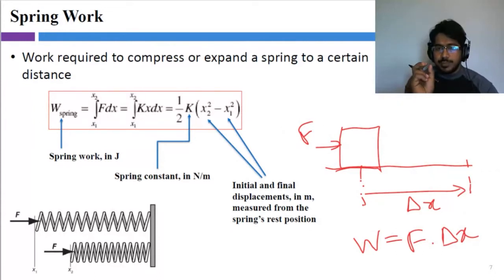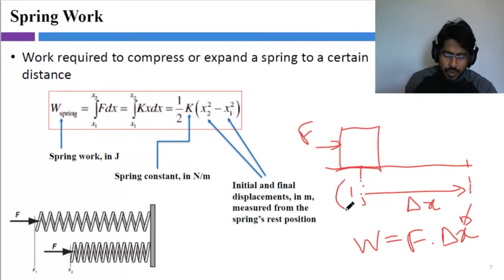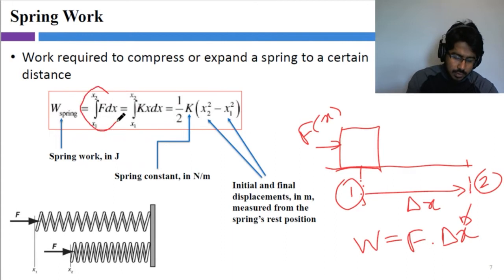So for a very small distance, we can call this delta x as dx, right? So dx is a smaller version. If this is point 1, this is point 2, and if this force is a variable, then we can integrate this along this line using this expression from x equals x1 to x equals x2.